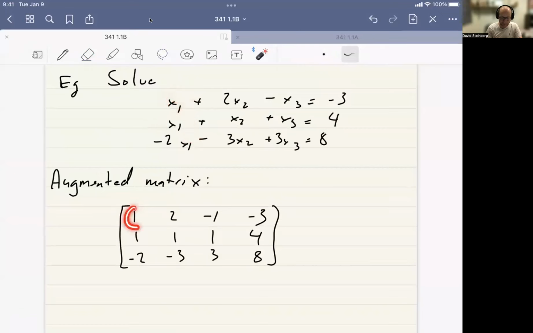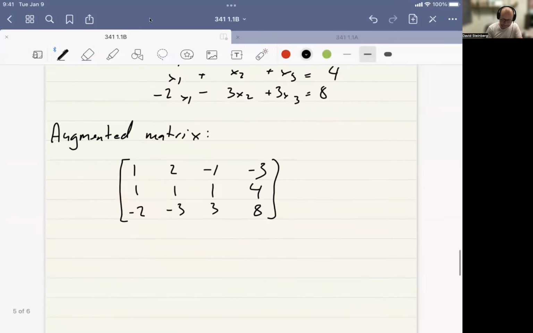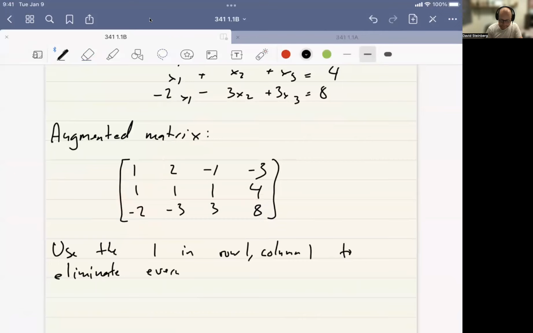Or in other words, we'll use the 1 in row 1, column 1 to eliminate everything else in that column.